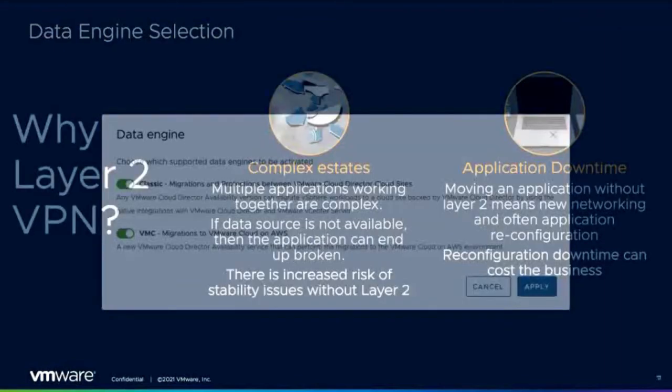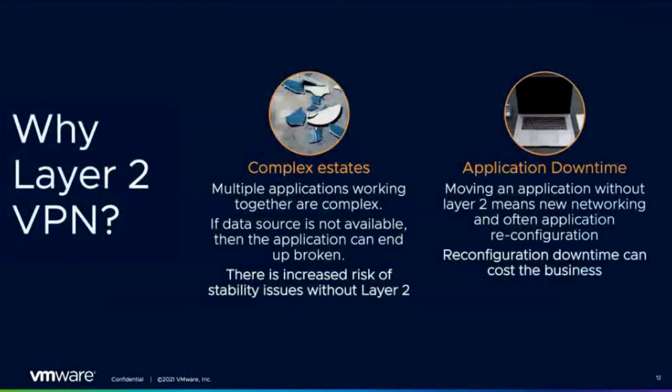And about layer 2 VPN and why it would make some impact. First, you know that there are many complex applications that consist of multiple virtual machines and multiple components, and this can be tricky when we talk about migrations, as it might take quite a while to synchronize these VMs to the cloud and to actually migrate them.